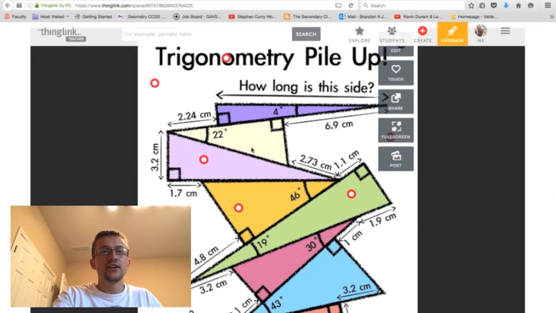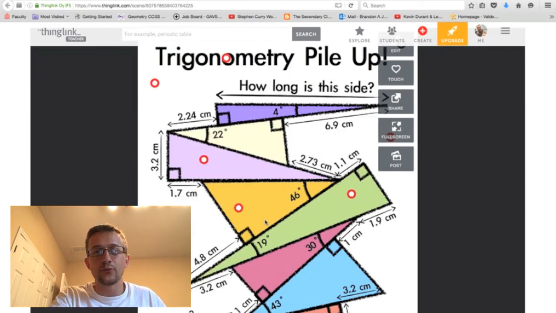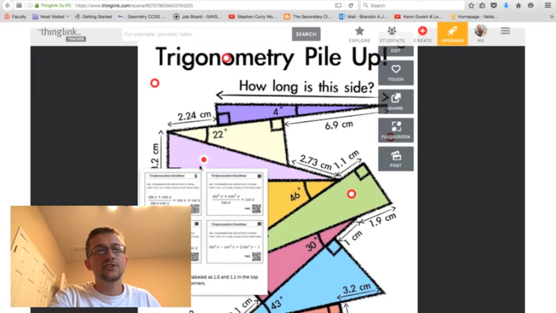First things first, you'll notice that within this image, this is my ThingLink app. And on here, there are 7 different places with red dots on them. As you highlight over the red link, you'll notice that it has specific instructions.